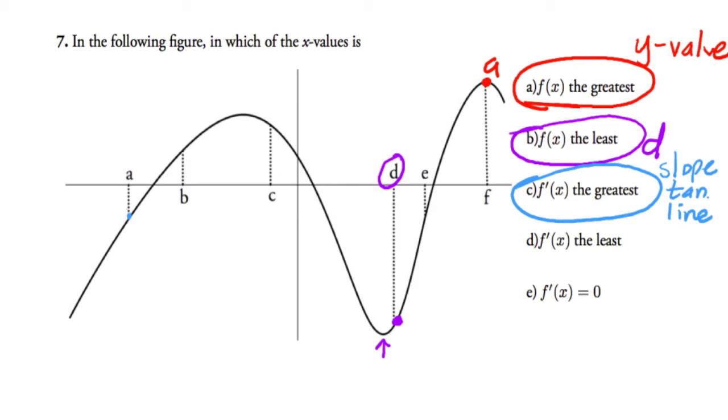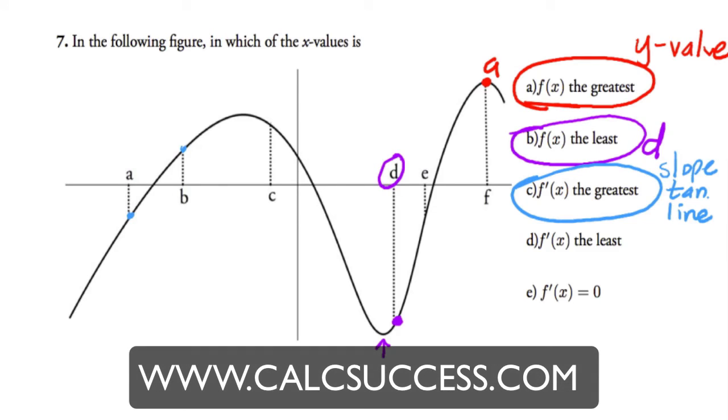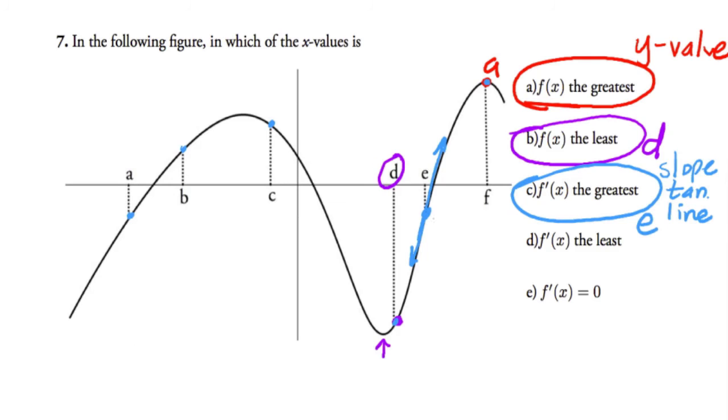So if I take a look at these points and I go, okay, where is it the steepest? I would have to say that it would be right here at E. And that makes sense because this is, remember, called the inflection point.